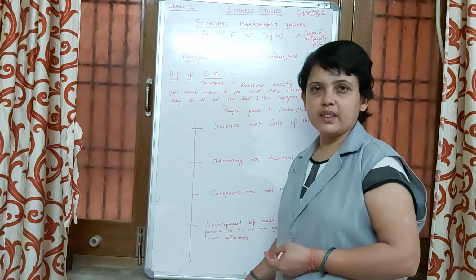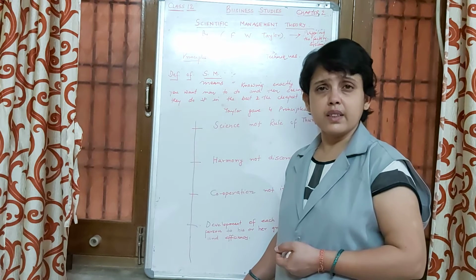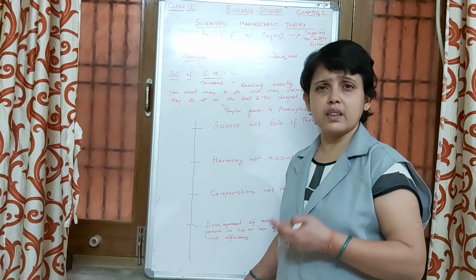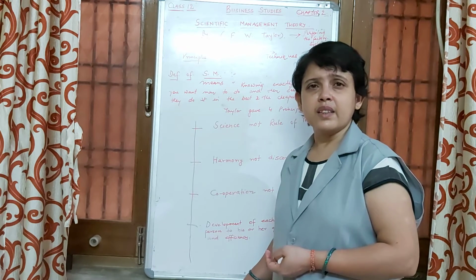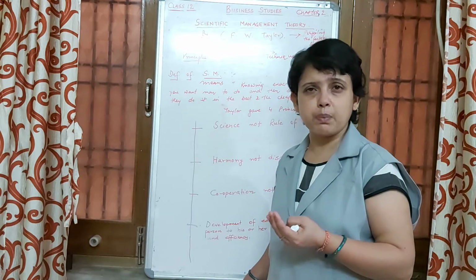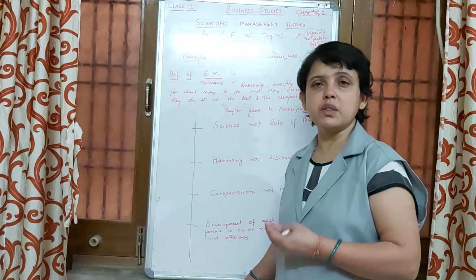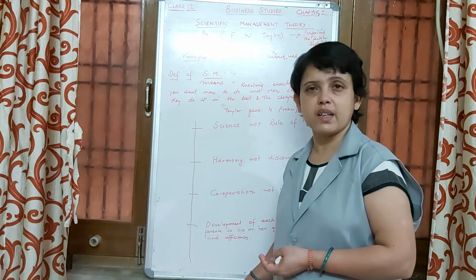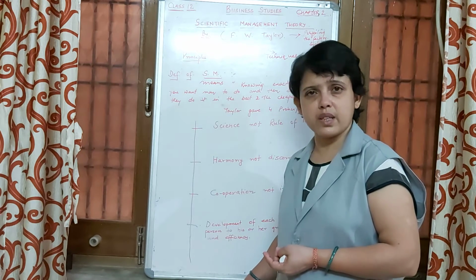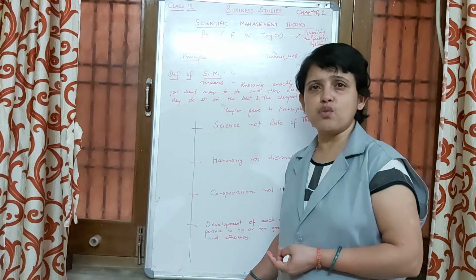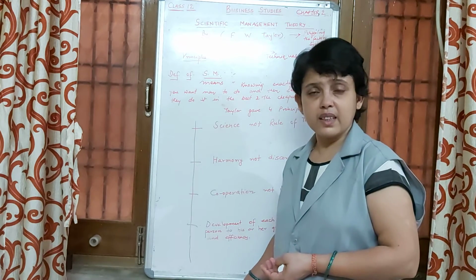And that is why later on he started working in Bethlehem Steel Company, and there he gave a concept of a differential piece rate system, which we will be talking about at a later stage while we talk about the techniques which he has devised. Many more things he did in order to see that the factory system of production could be improved and the workers' efficiency could be increased.